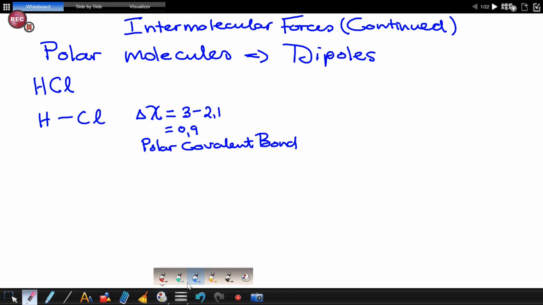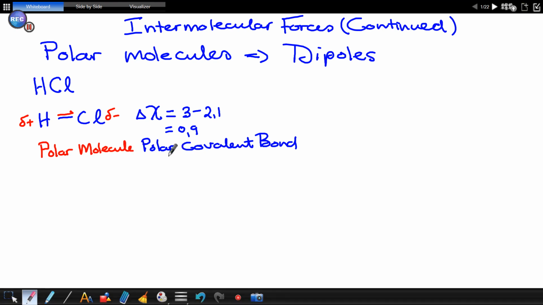And the electrons are not shared equally between the atoms. So the electrons will spend more time with the chlorine than they spend with the hydrogen. So this molecule as a whole is a polar molecule.